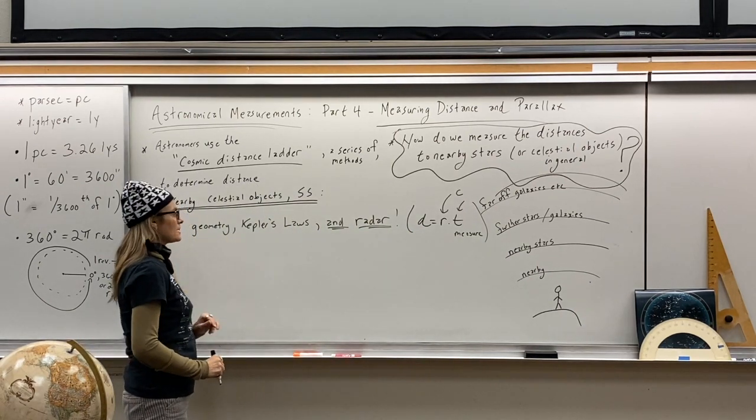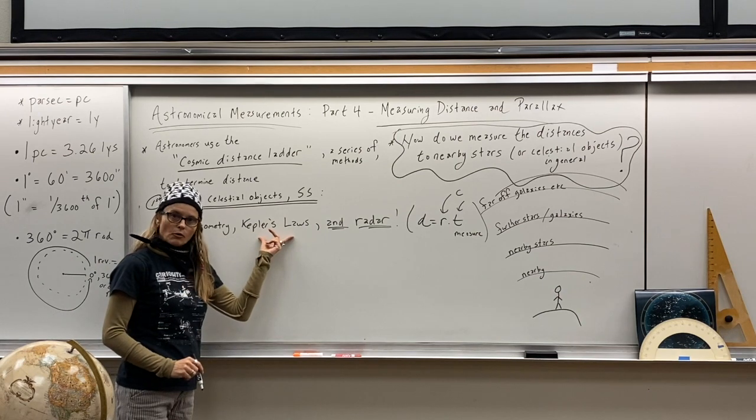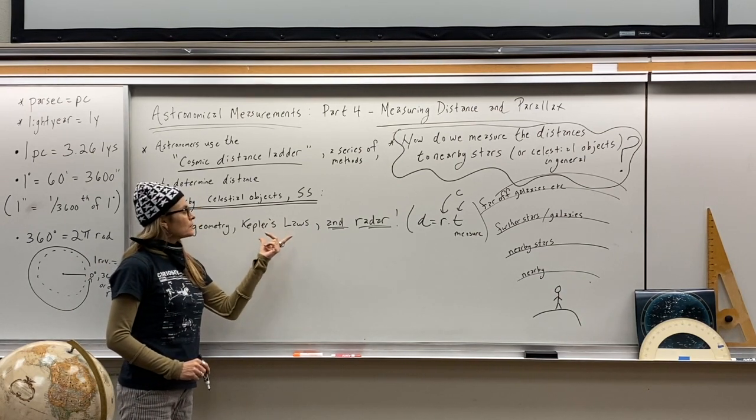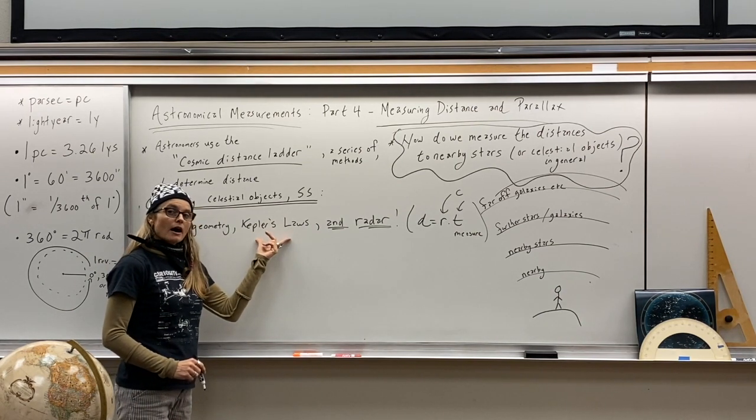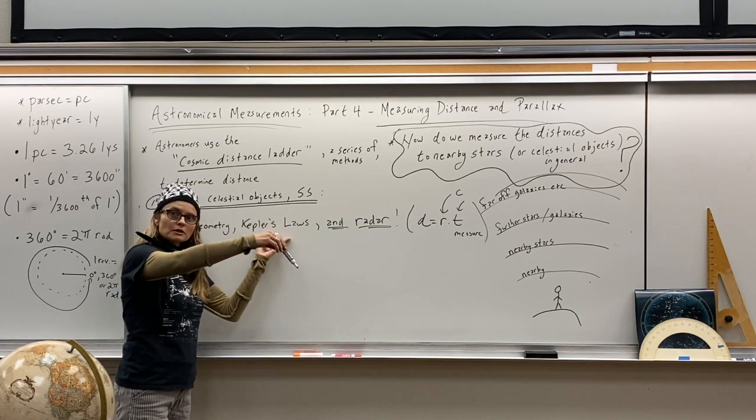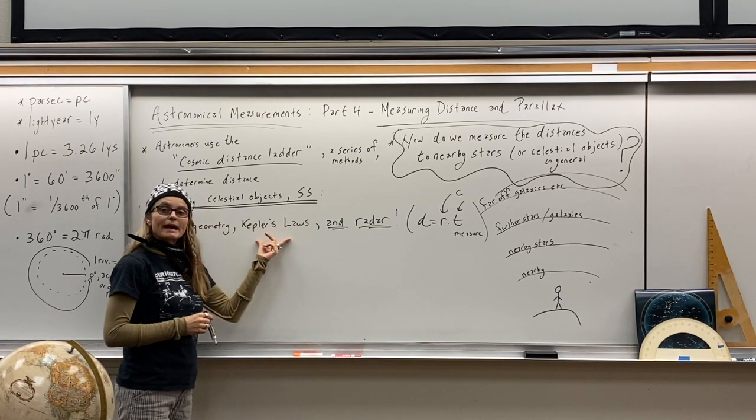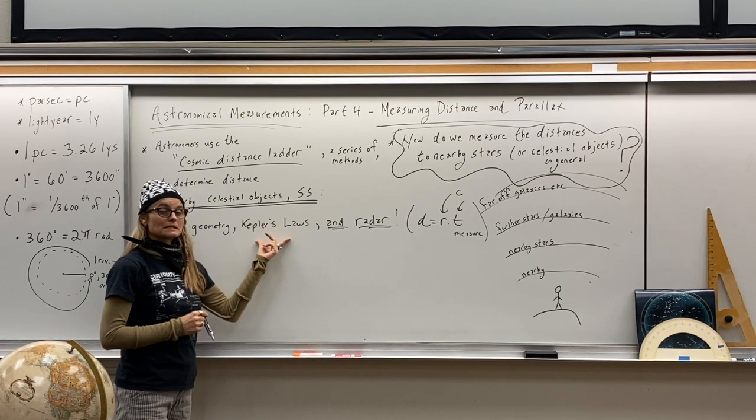Okay? Kepler's laws, we look at the elliptical orbits, and we look at how the period of revolution going around the sun is related to how far out from the sun it is. That's the 3rd law I'm quoting there.